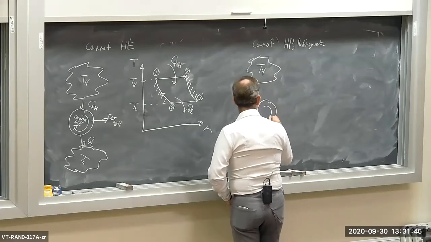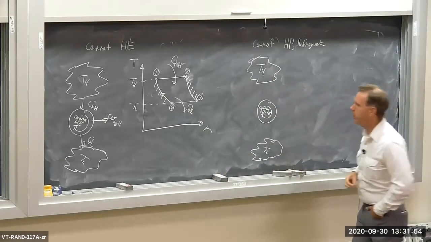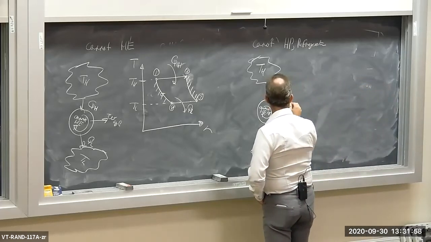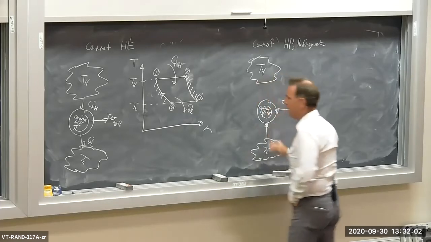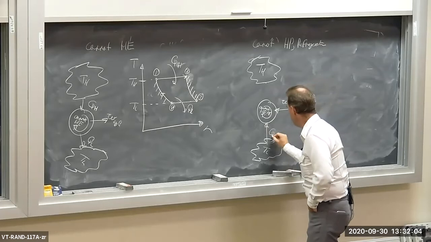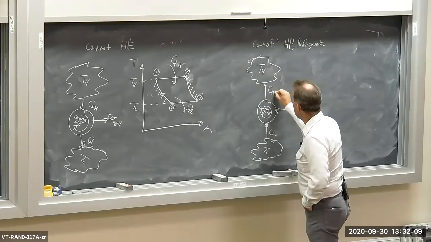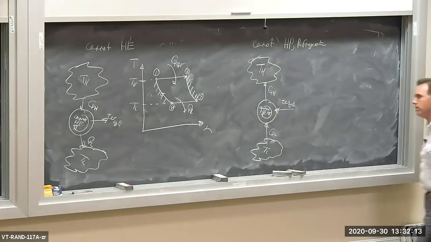So here we have a Carnot heat pump or refrigerator. It receives a certain amount of work over the cycle, extracts a certain amount of heat from the low temperature reservoir, and dumps a certain amount of heat to the high temperature reservoir.